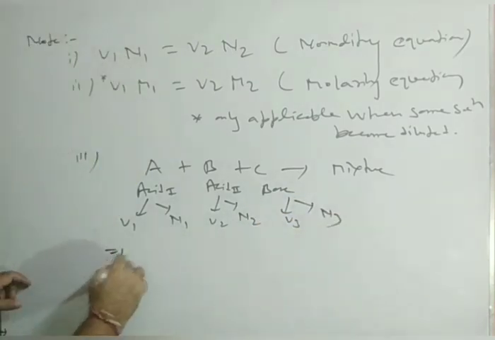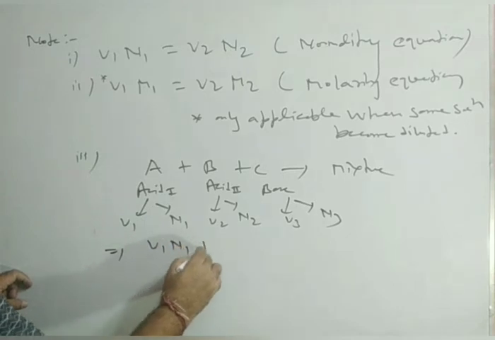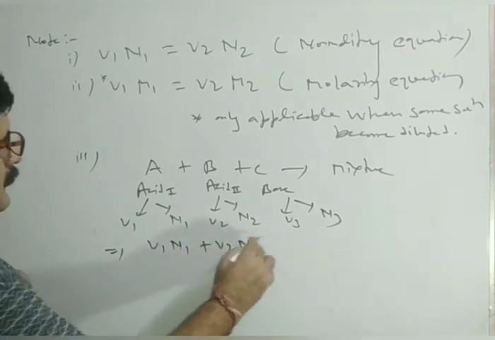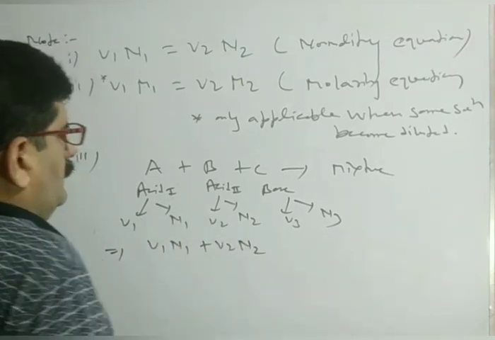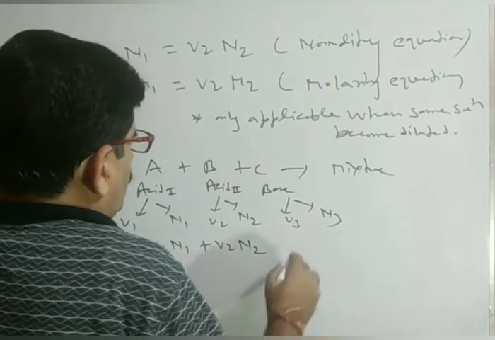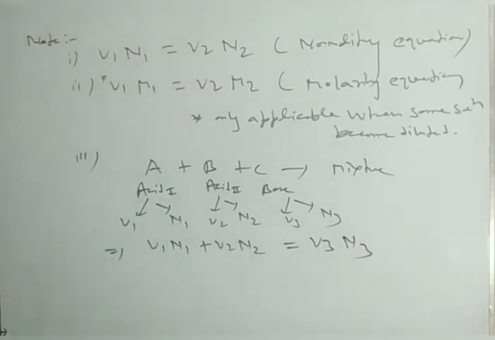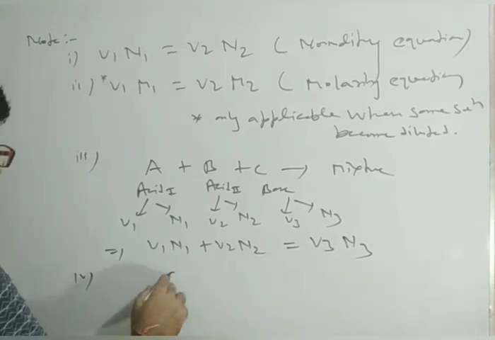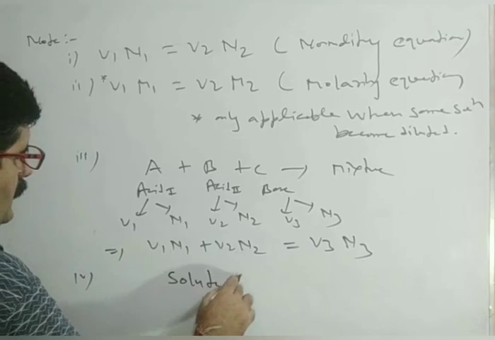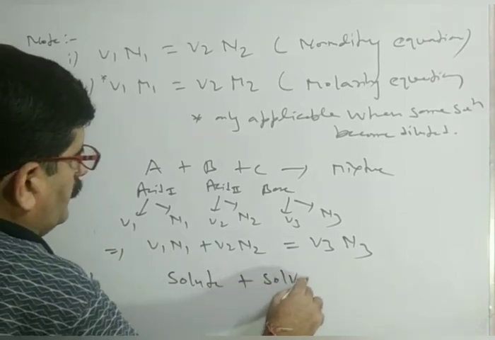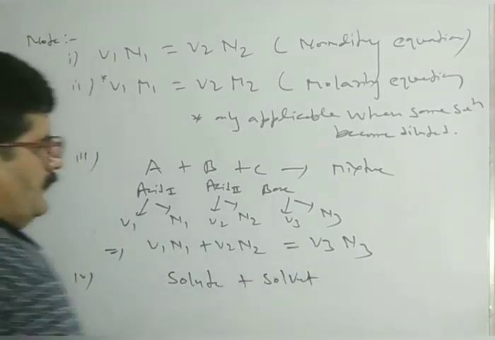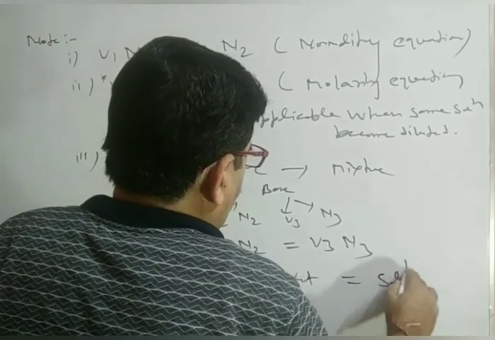We can write V1N1 plus V2N2 is equal to what? V3N3. Fourth, solute plus solvent to form solution.